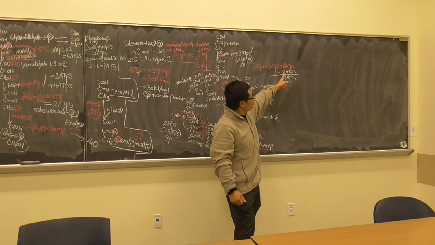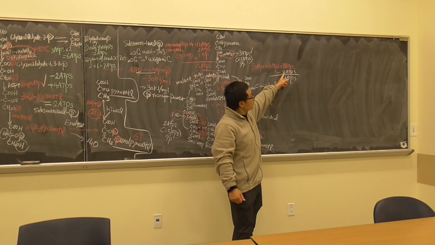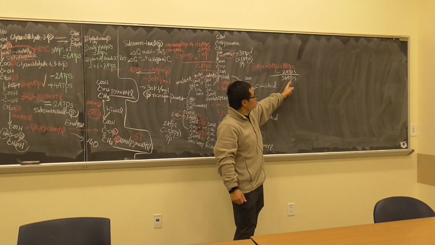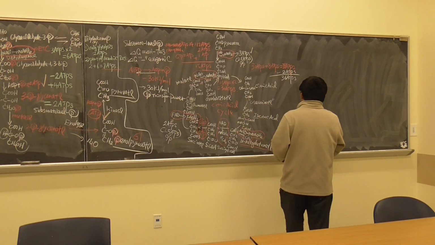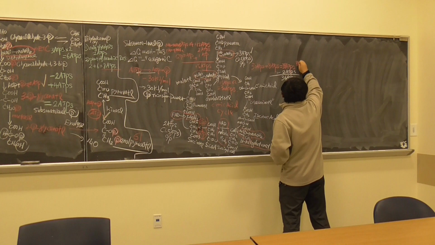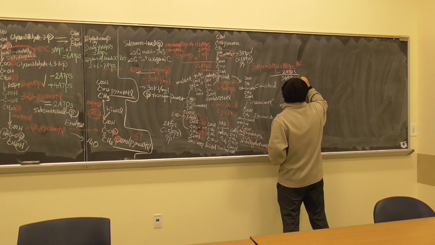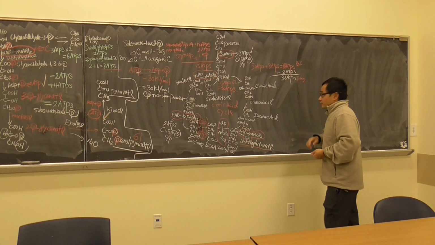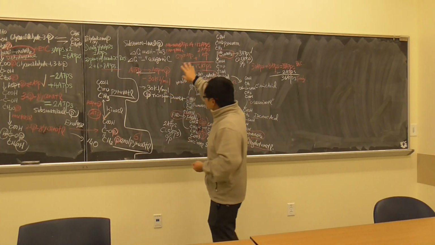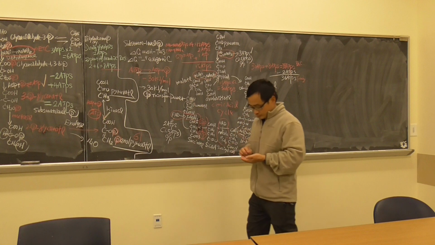So those 2 ATPs are the ticket gate. That's why you have to minus 2 and it becomes 36 ATPs if it's eukaryotes. Okay, so 38 ATPs is for bacteria, prokaryotes, and we can say it's for fungi because they are eukaryotes, the same as animals. Okay, so we finished talking about this whole thing.